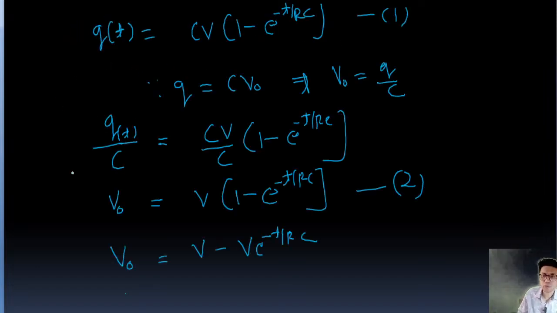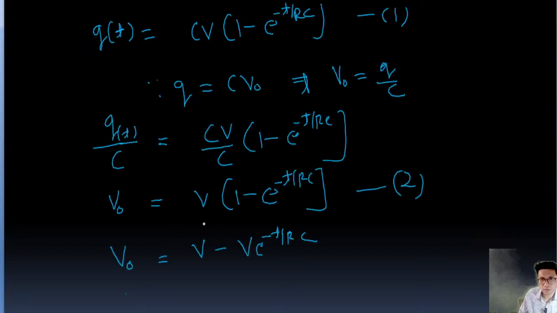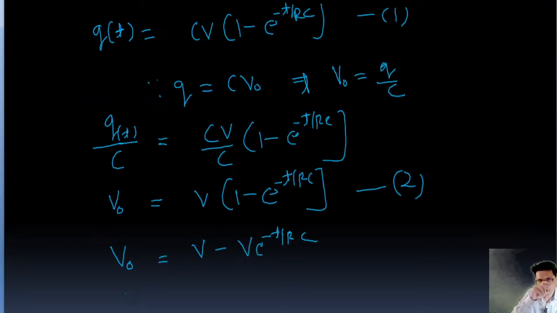Now what we can do is, from equation 2, differentiate equation 2 with respect to T. So dV naught upon dt is equal to this one.